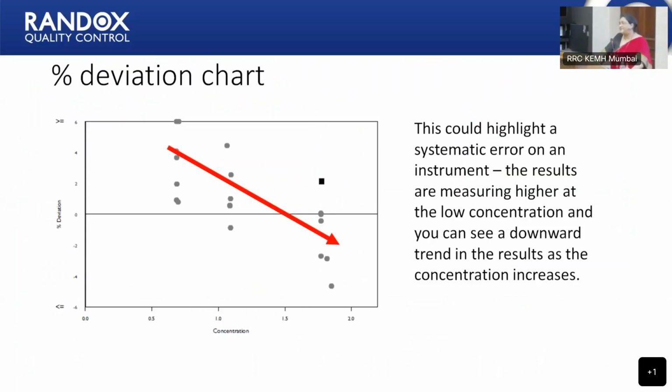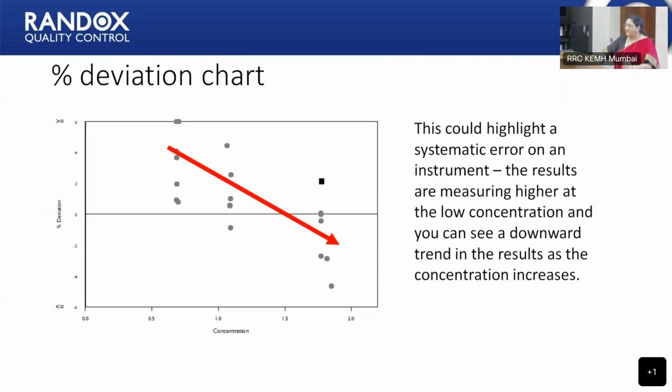As I said, this graph will help you understand the performance of the calibration for the parameter in your instrument. If we connect the graph points with a trend line, it is quite easy to understand that the calibration curve has shifted in such a way that at lower concentration it is giving higher values, whereas at higher concentration it is giving low values.